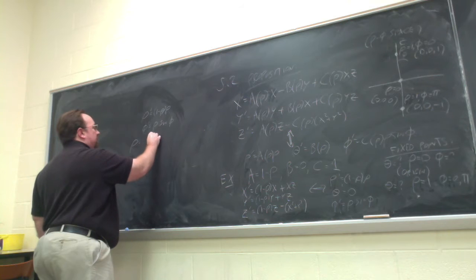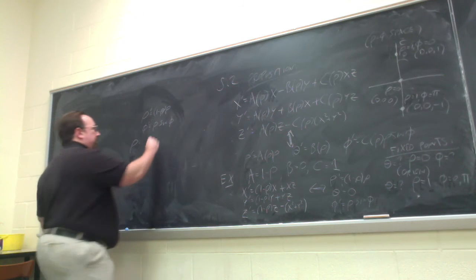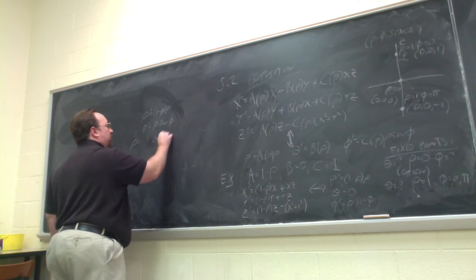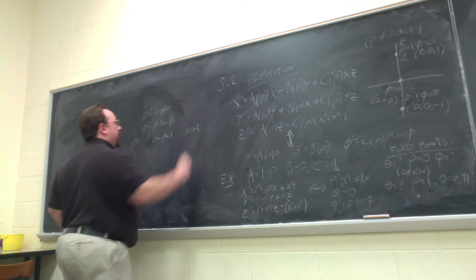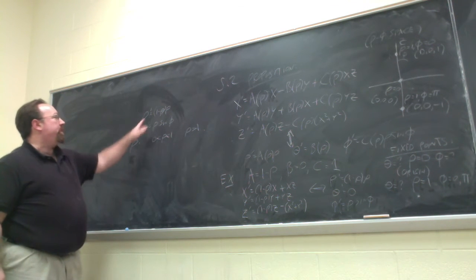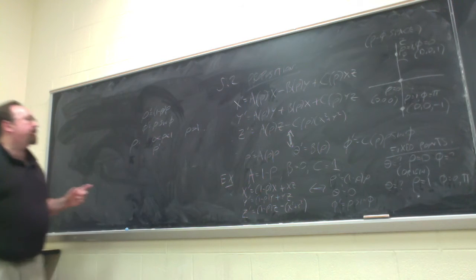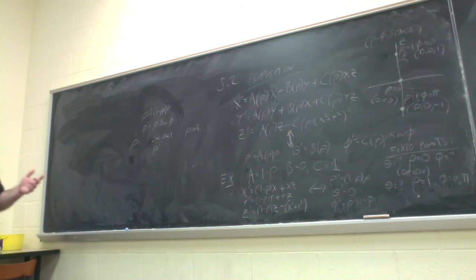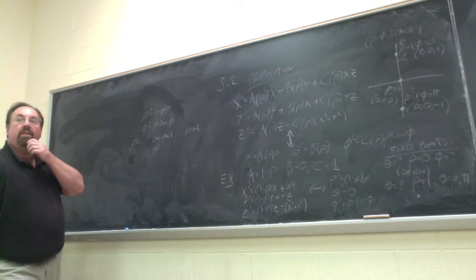Well, we don't care about negative rho. And we care about rho between 0 and 1, and also rho greater than 1. So, if rho is between 0 and 1, what can be said about phi prime? It's not 0. Is it positive or negative?